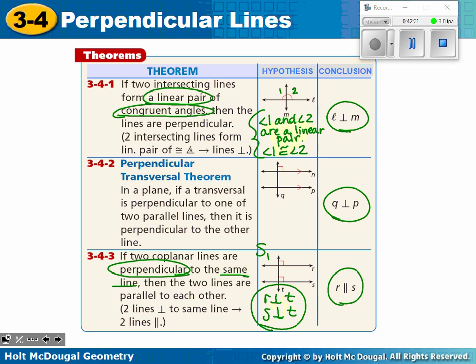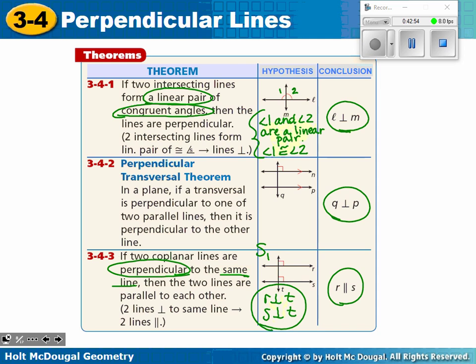Okay, so your reason would be, if 2 congruent angles form a linear pair, then the lines are perpendicular.